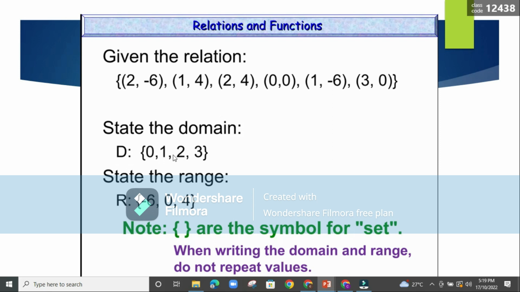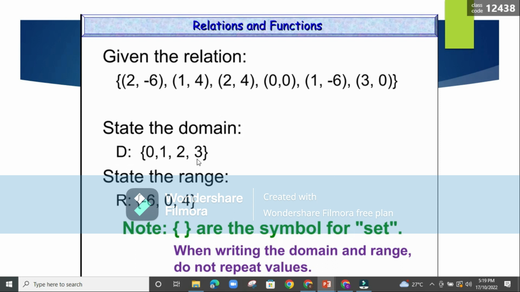So we're going to look at the x coordinates and arrange them in ascending order from least to greatest. So you have 0, and then 1, then 2, and also 3. Okay, so this is our domain.